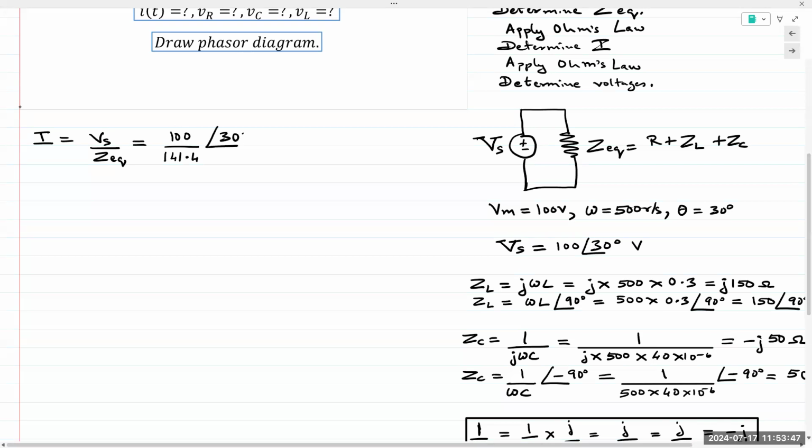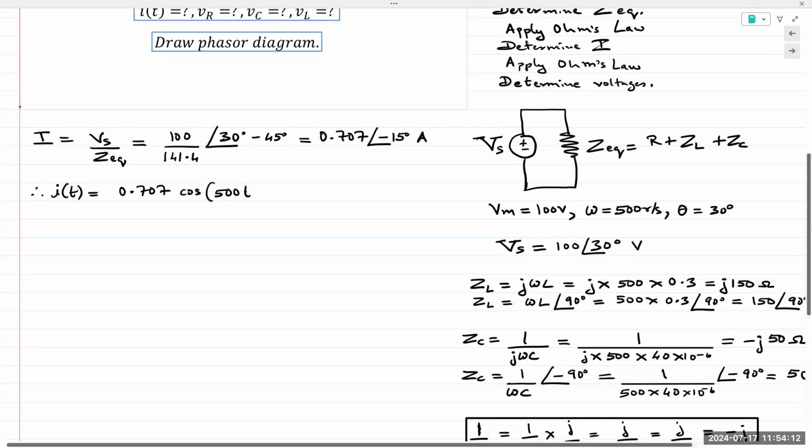Phase angles are subtracted, so 30 degrees minus 45 degrees. My current turns out to be 0.707 with an angle of minus 15. The time domain expression i of t would be 0.707 cos of 500t minus 15 degrees amps.